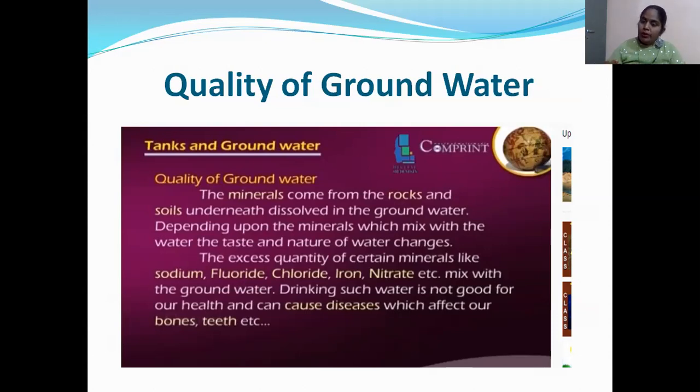If the mineral is up to some extent, it is suitable for our health. But if the content exceeds the limit, what happens, children? It may cause many health issues like diarrhea, and problems with bones and teeth also, children. Okay, let's move on to the next slide.